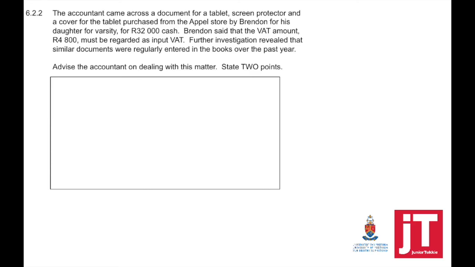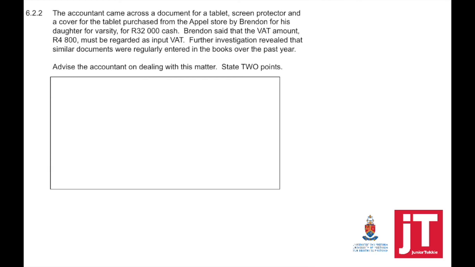Now, what is the problem here? There's no issue if we want to buy an Apple tablet and a screen protector and a cover for his daughter, that is fine. But then it must be shown as drawings. We cannot claim that VAT because it's for personal use.